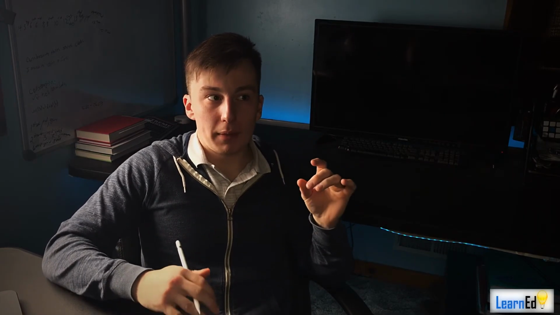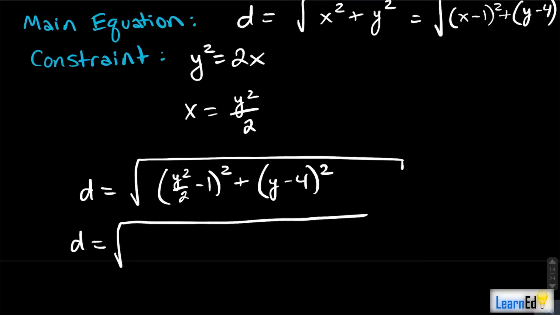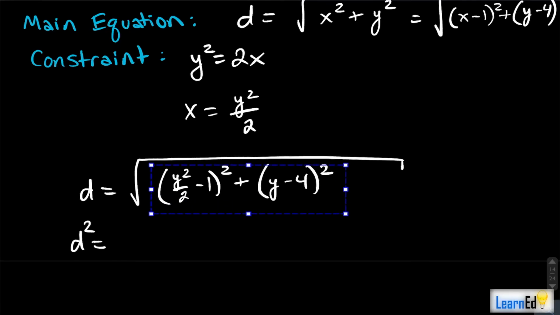It kind of makes sense that the minimum point at D would be the same place where a minimum occurs at D squared, when we're talking about the distance equation D squared. Okay? If you square D, you just get this without the radical, right?